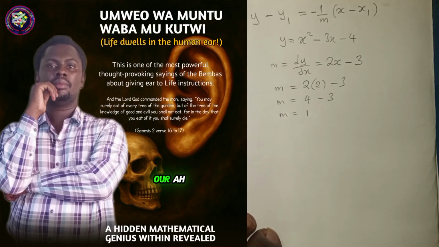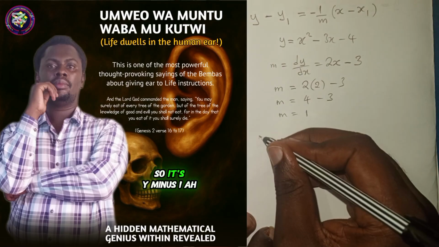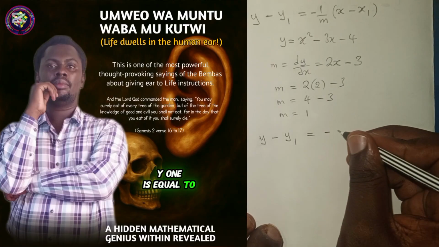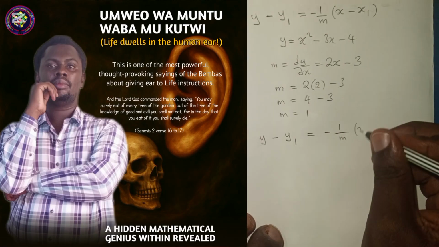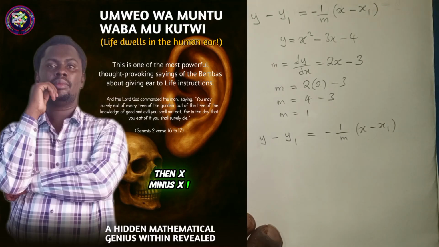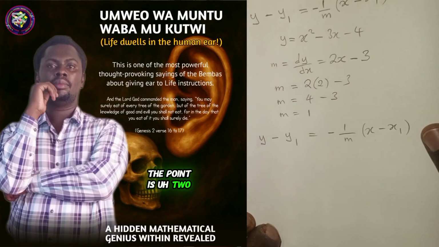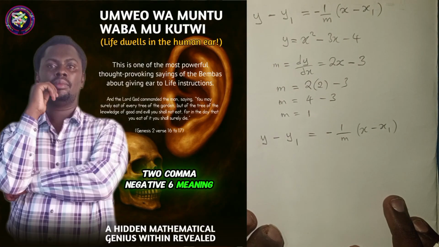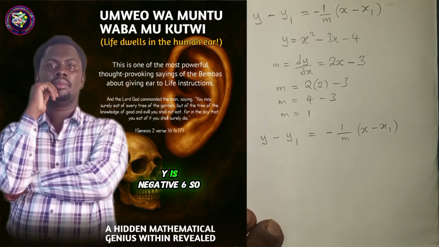Then we go back to the equation form of the normal: y - y1 = -1/m (x - x1). We know the point is (2, -6), meaning x is 2 and y is -6.